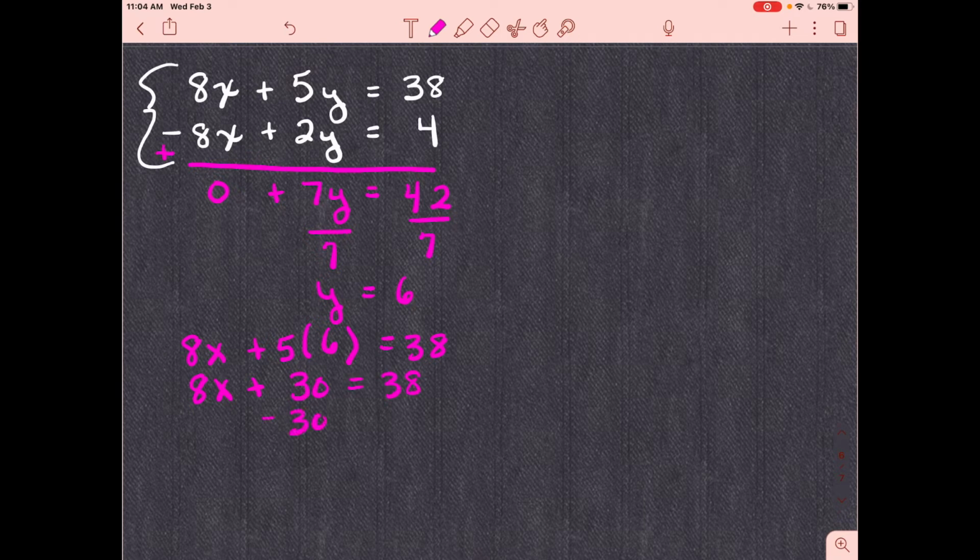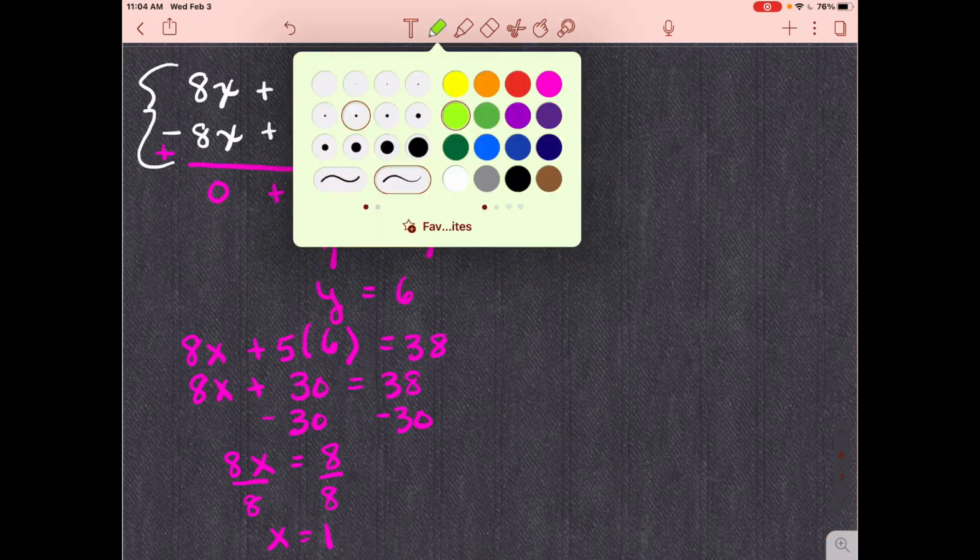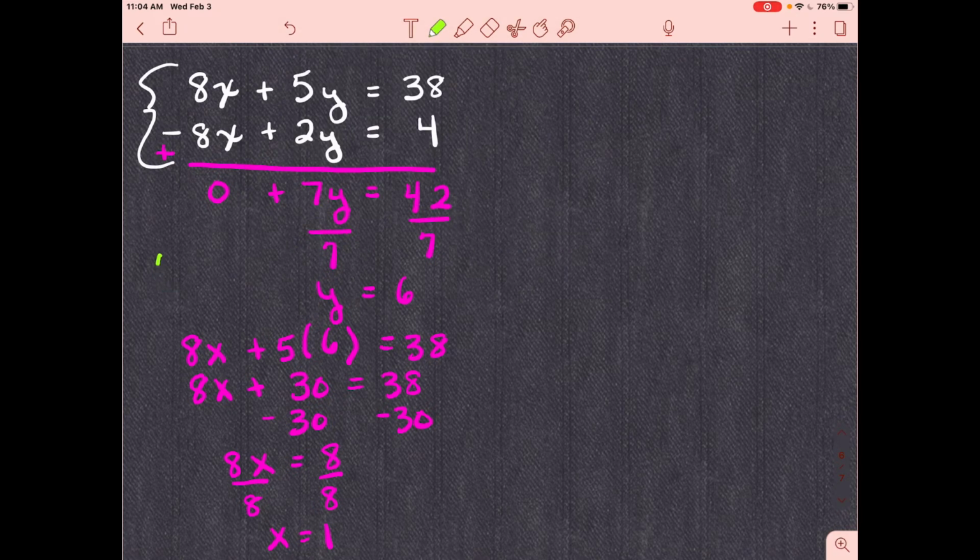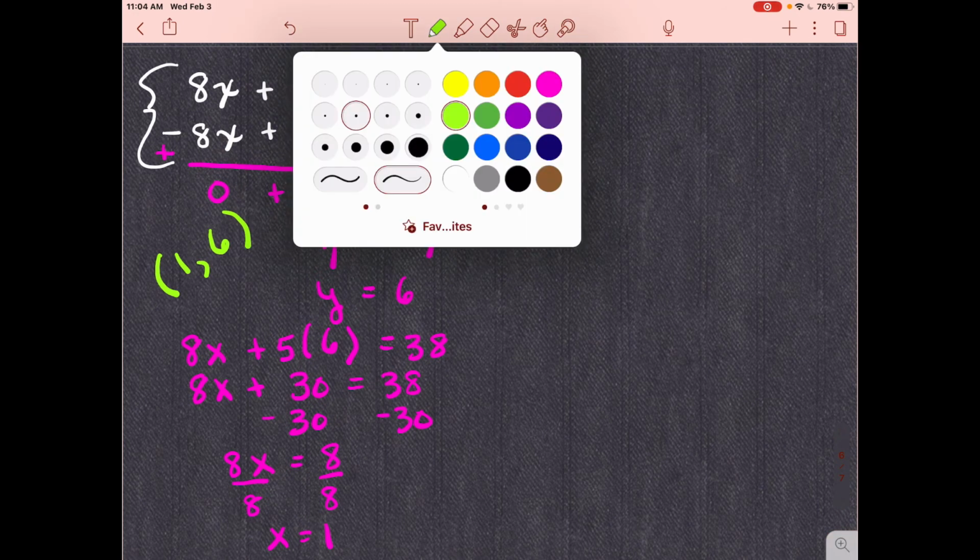Subtract 30 from both sides. 8x equals 8. I'm going to divide by 8 and get x equals 1. All right, so I now have an answer. We'll put the x first, it's a 1, and the y second, it's a 6. Sweet.